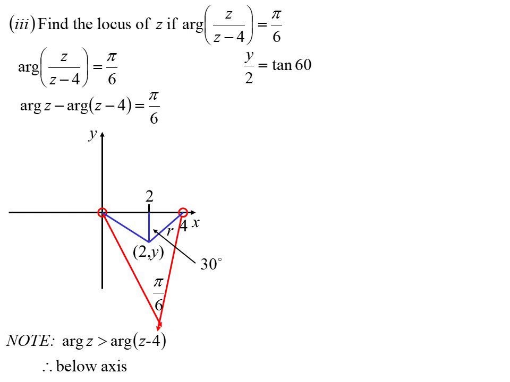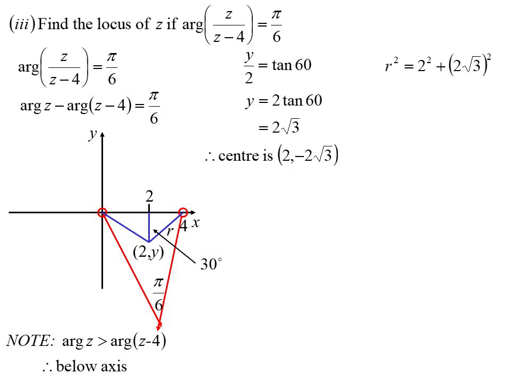I'm not worried about the negative sign at this stage. I know it's going to end up being a negative number because it's below. But y is 2 root 3. So actually it's negative 2 root 3 because it's below. But I know the centre is negative 2 root 3. This now allows me to find the radius. Radius will be 4.